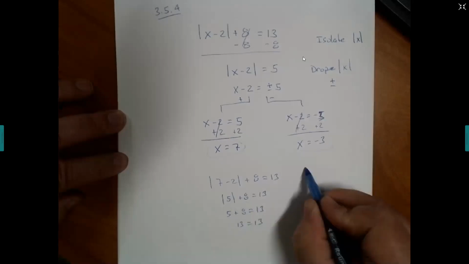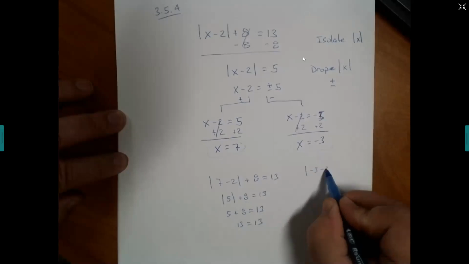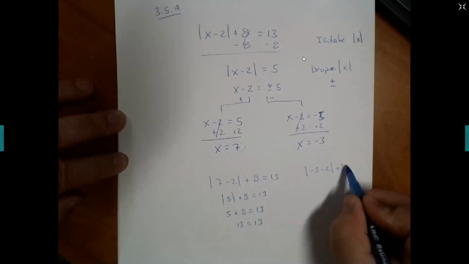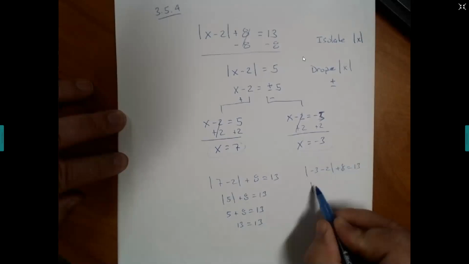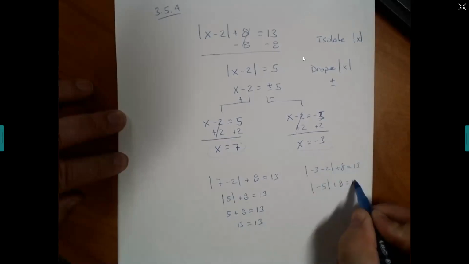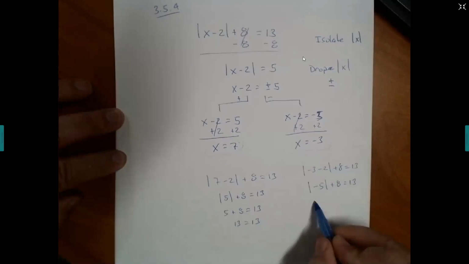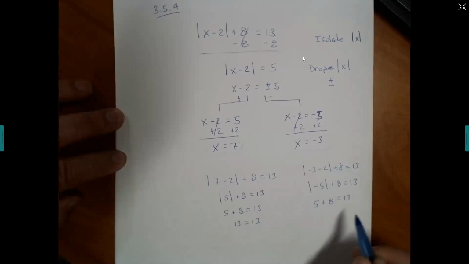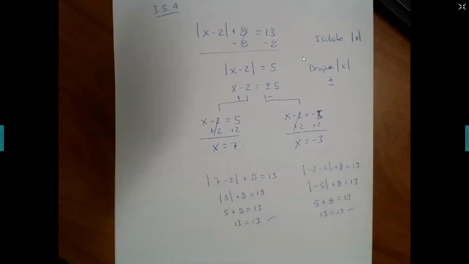And likewise on this other side, negative 3 minus 2. Negative 3 minus 2 is negative 5. Absolute value of negative 5 is 5. 13 equals 13. Always check your answers. Make sure that they work.